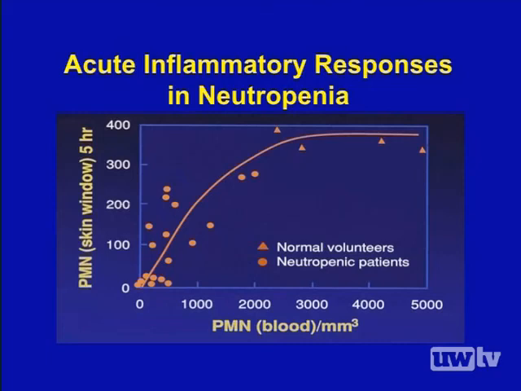And then if you do this test in people with lower and lower neutrophil counts, you find as you come down that the response parallels the blood count. So the lower the blood count, the less response. And it sort of gives you a picture of how you might be susceptible if you can't mount an inflammatory response or bring cells to the site of infection.